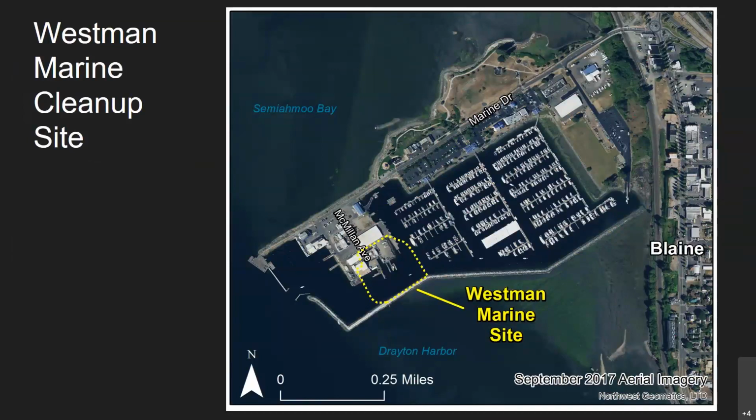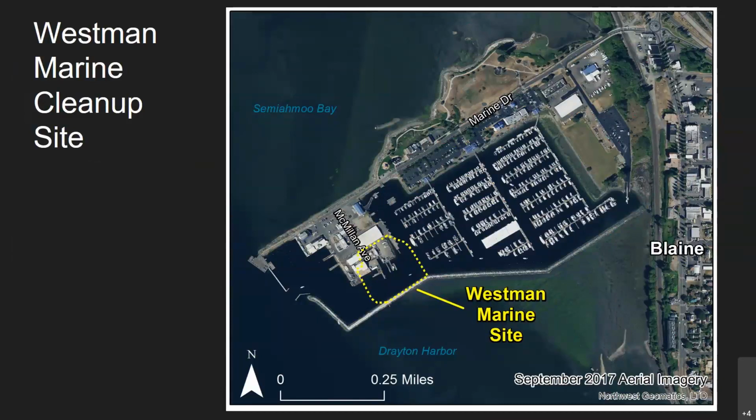Over time, Westman Marine has operated as a small shipyard, boatyard, off and on for about 50 years now, through a succession of different ownerships. Their work involved simple or relatively simple and sometimes complicated ship and hull maintenance, working on the hulls.